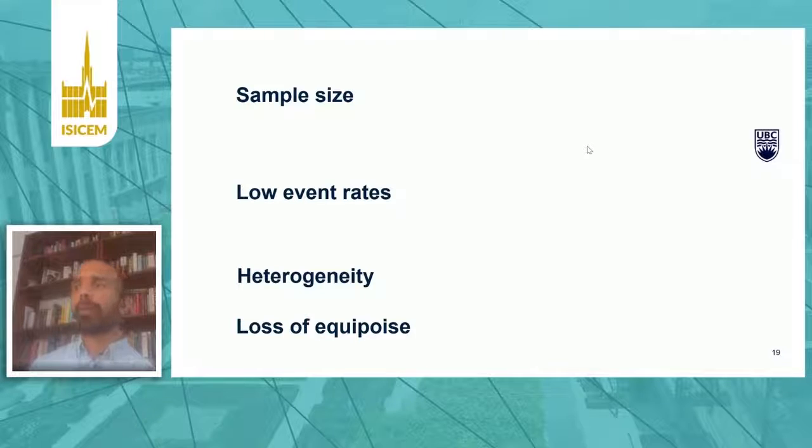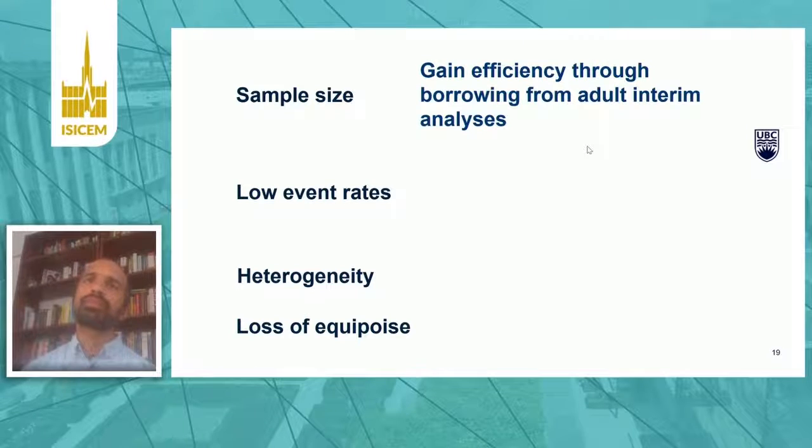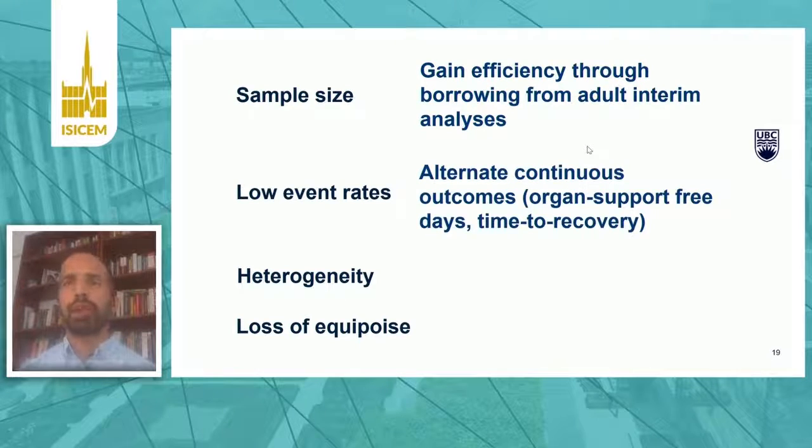So when you look at our four main problems that existed, sample size, low event rates, heterogeneity, loss of equipoise, from a sample size perspective, you gain efficiency through borrowing from the adult interim analyses. From a low event rates perspective, using mortality is not going to provide us that benefit as it does in adult studies.